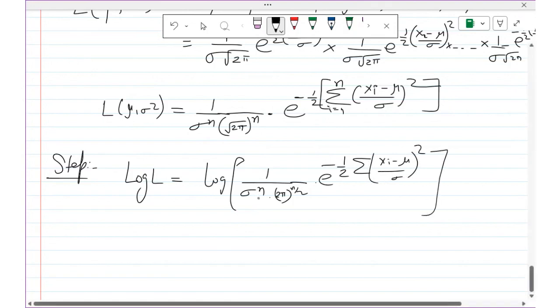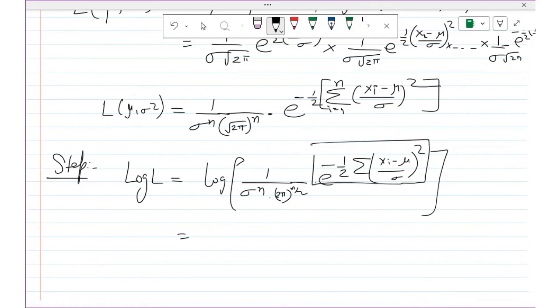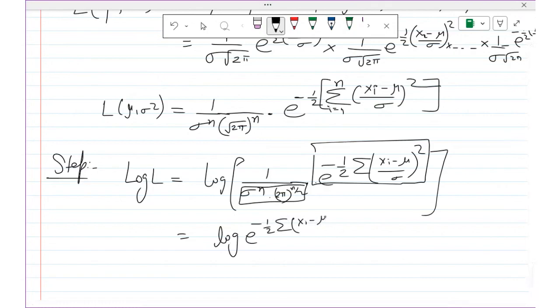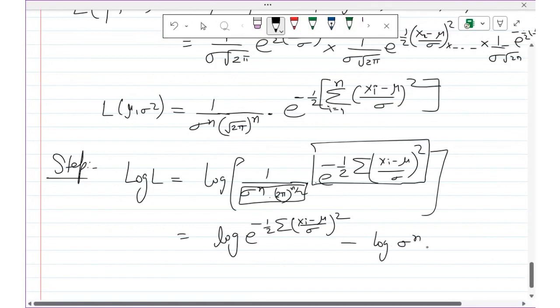Now we will simplify. First I am using the log m upon n property, considering this as m and this as n. So log m, the log of e raised to power minus half sum of xi minus mu upon sigma whole power 2, minus log of sigma power n into 2 pi raised to power n by 2.